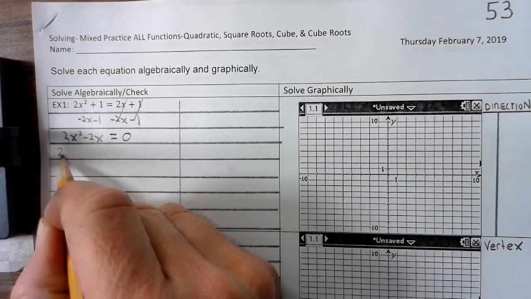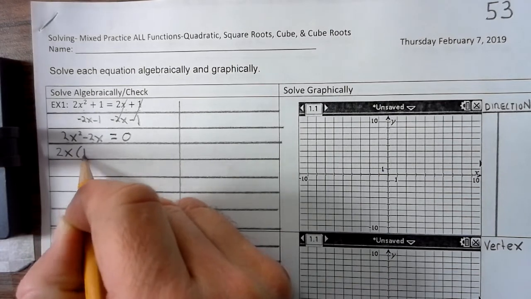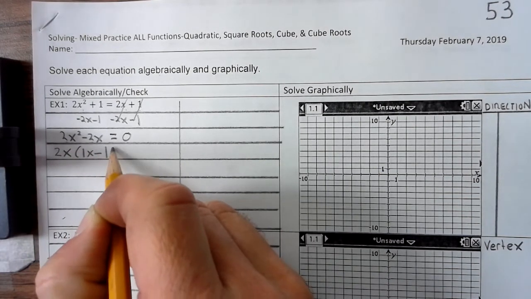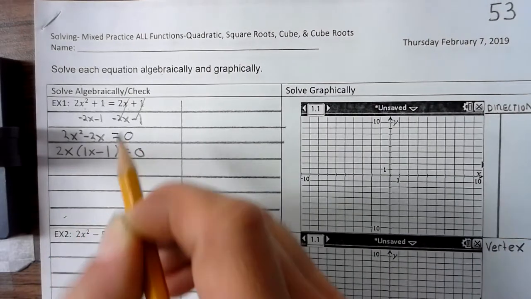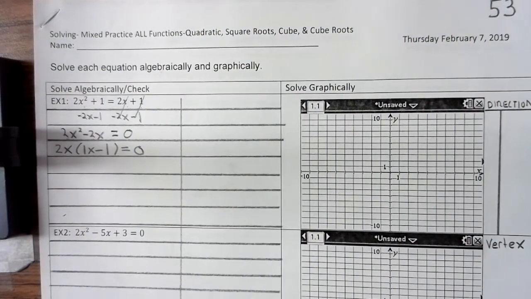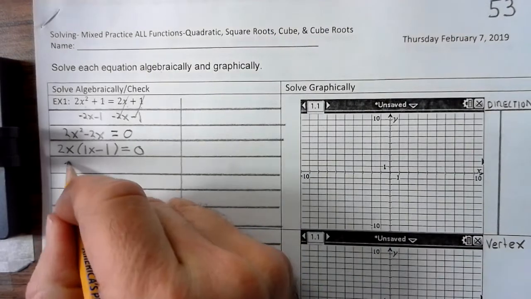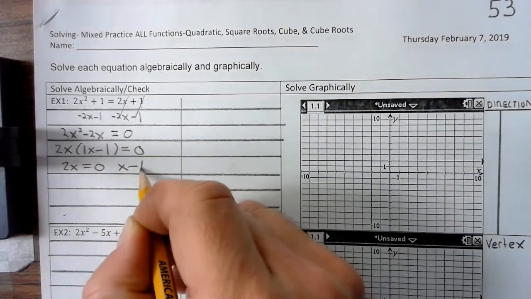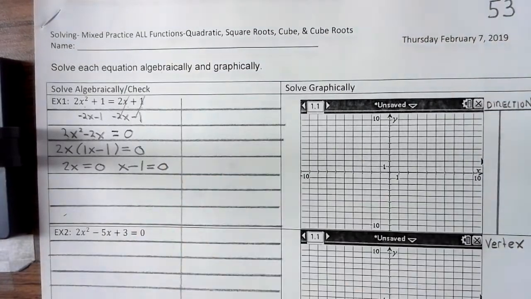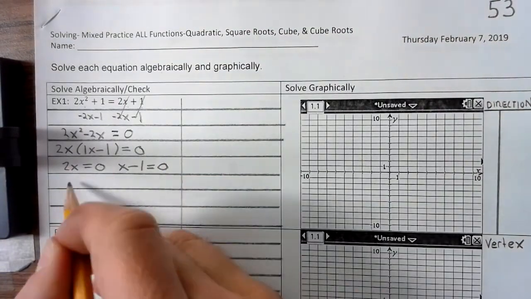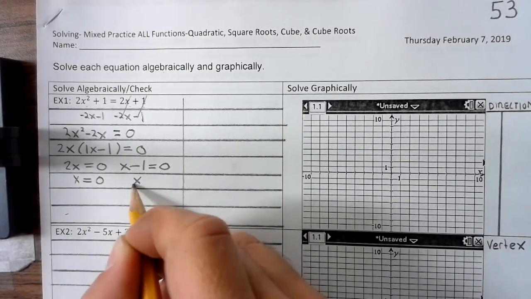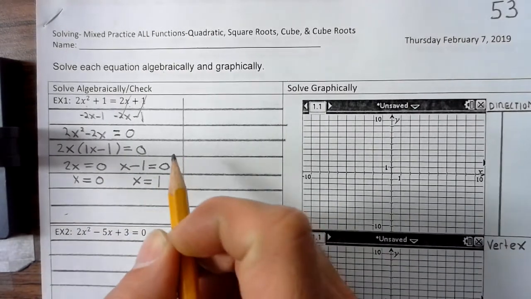So we have 2x, which leaves x minus 1 equal to 0. So we set 2x equal to 0 and x minus 1 equal to 0. So divide by 2, x equals 0, and add 1 to both sides, x equals 1.